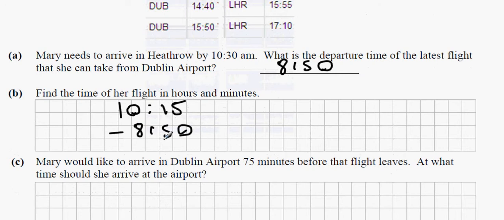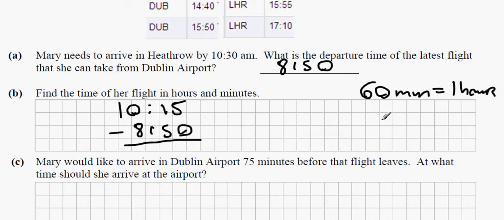What we have here is we've got to take it away. 50 is bigger than 15, so we can borrow an hour. Remember, there's 60 minutes in 1 hour. So 10 hours 15 minutes is the same thing as 9 hours 75 minutes.